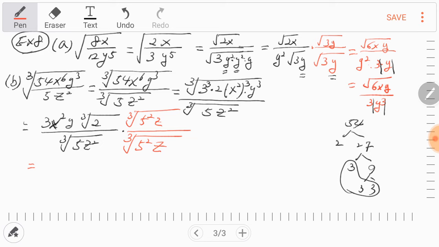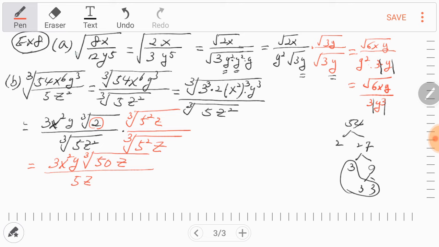Okay, then the numerator is 3x squared y cube root of 2 times 5 squared z, 5 squared is 25 times 2 is 50z. Can we make the 50 a product of cubes? No, that's it. And the denominator is what? 5 is already cubed, z is cubed, so we can take 5z out.